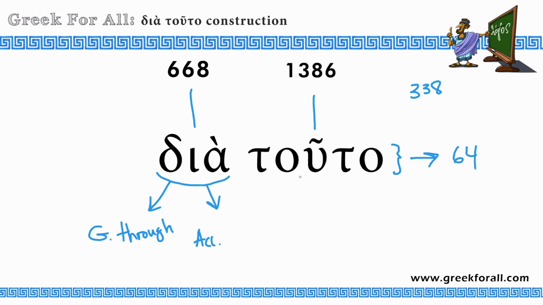And this is the accusative case, so dia means because of, for the sake of, or simply for. Touto is a demonstrative pronoun which means this, so this construction literally means because of this. We can simplify it and say therefore.